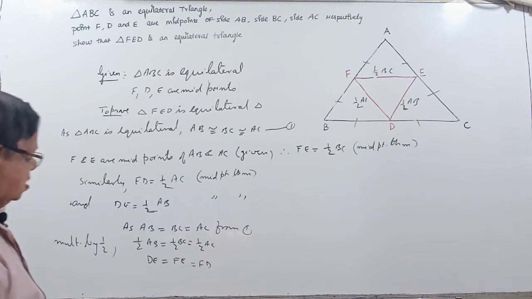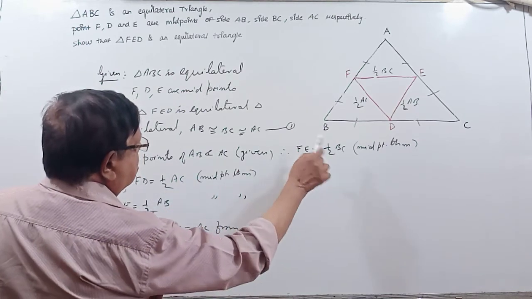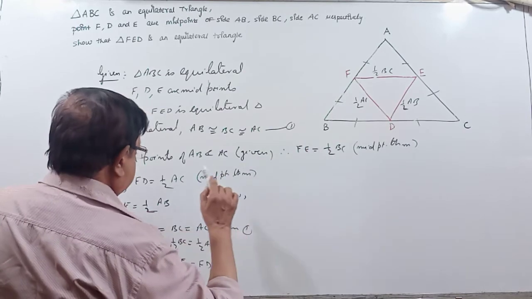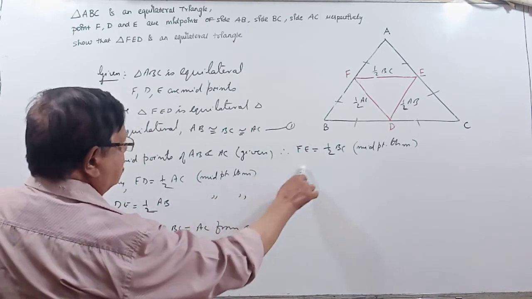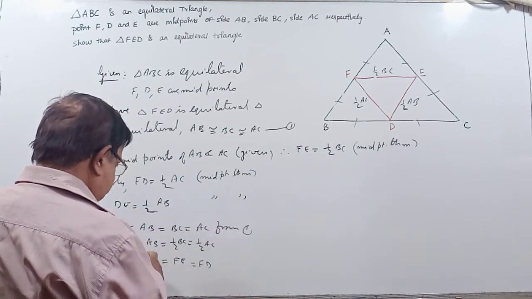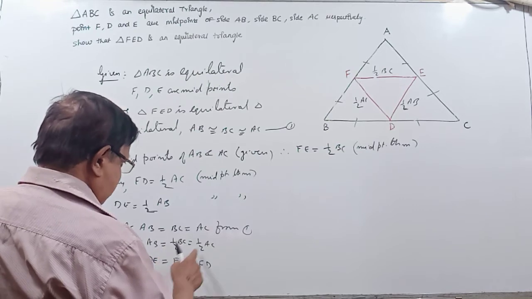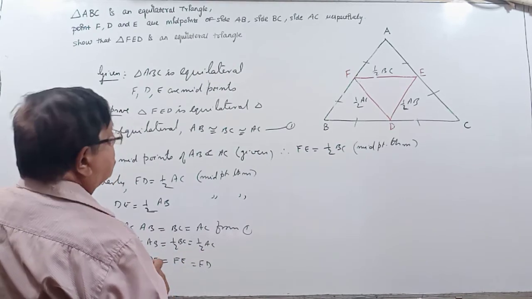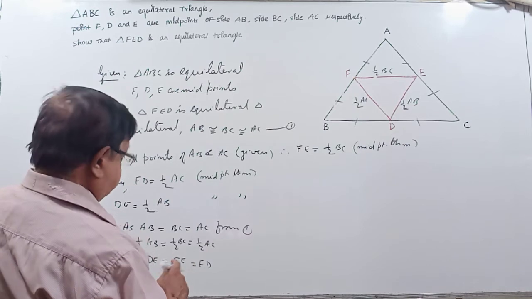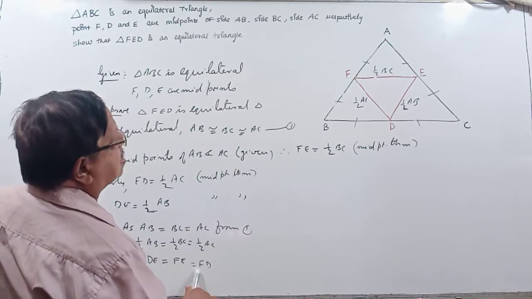Or if you want, you can give some numbers. This is 1, 2, 3, 4, I have 3, 4, 5, but here it is very clear. Half AB is equal to DE, half BC is equal to FE, and half AC is equal to FD. So DE is congruent to FE, congruent to FD.